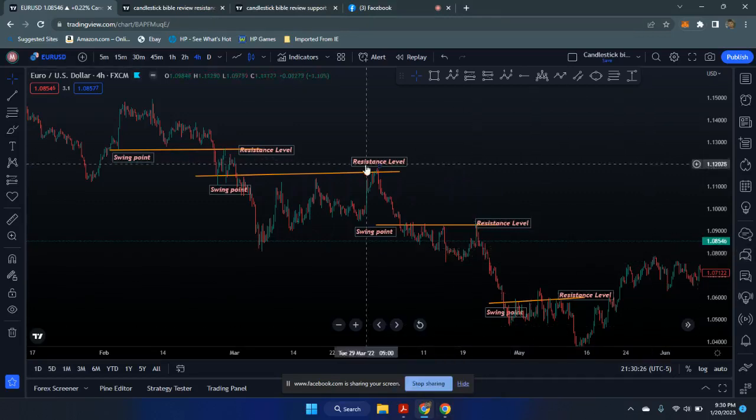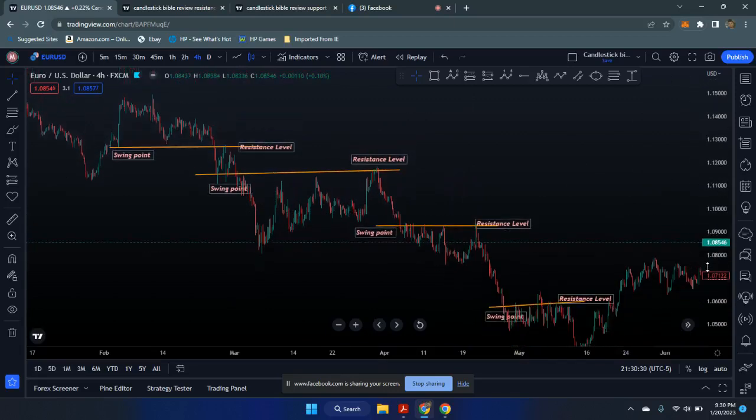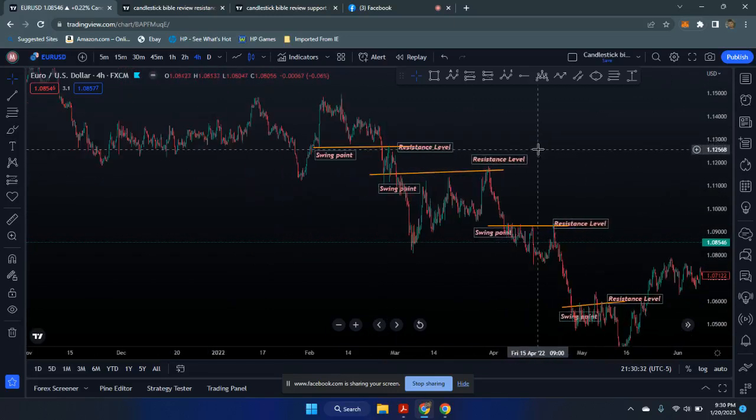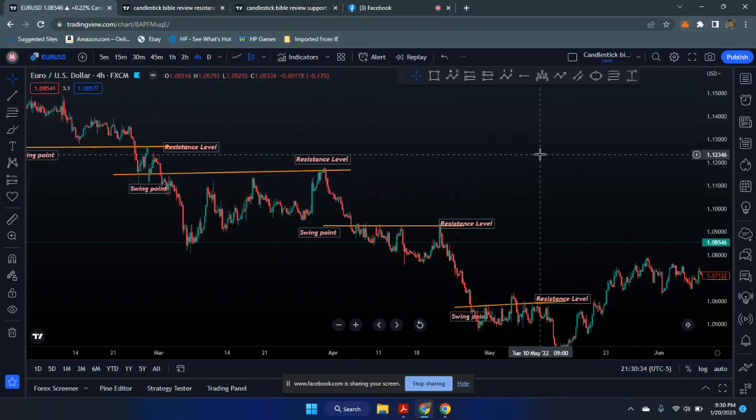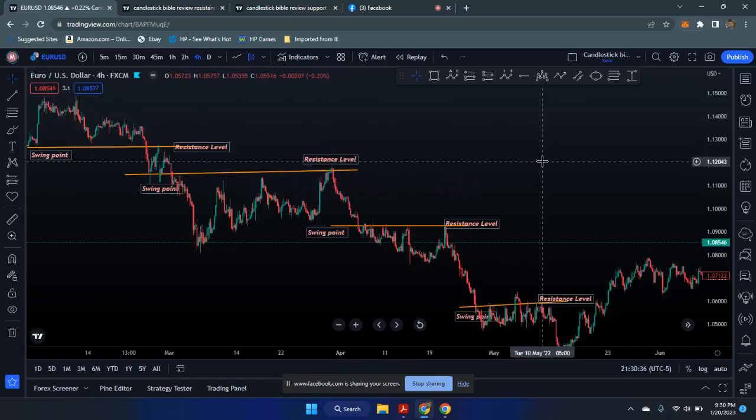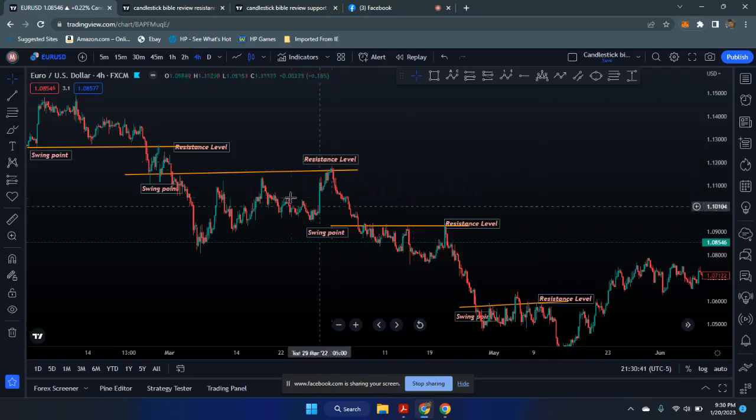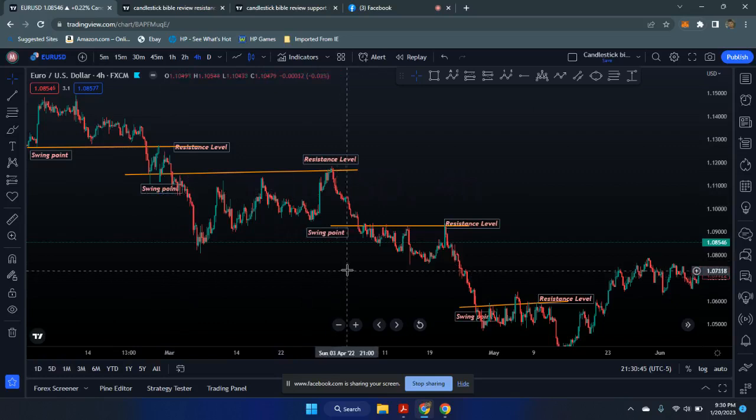We went over support and resistance, guys. I want you really, really, really, because we have been talking about market structure, how to identify market structure, when market breaks. We keep talking about the previous candlesticks as well, but support and resistance levels will definitely help you out with your trading.